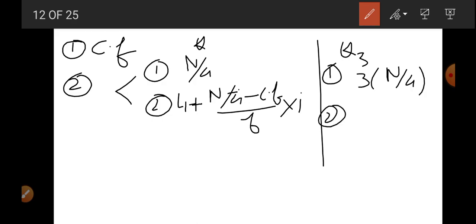The second equation will be L1 plus (3n upon 4 minus CF) upon F multiplied by I. Okay student, so this is the equation.